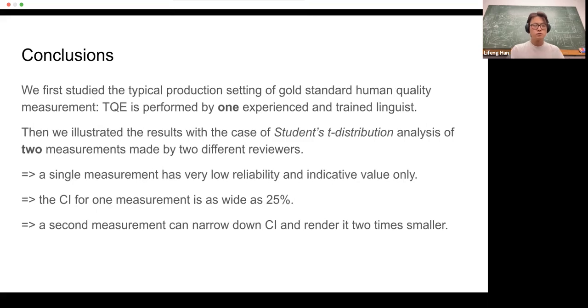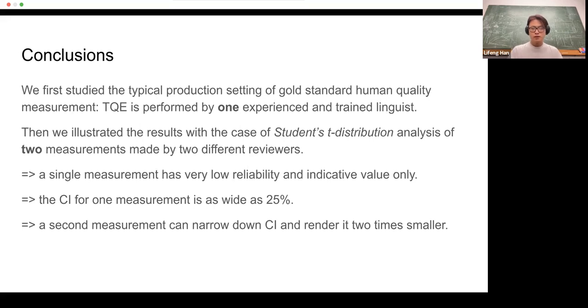In conclusion, we first studied the typical production setting of gold standard human quality measurement. Translation quality evaluation is performed by one experienced and trained linguist. Then we illustrated the results with a case of student t-distribution analysis of 2 measurements made by 2 different reviewers.